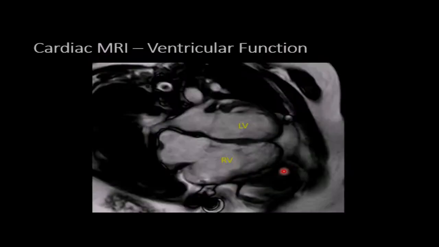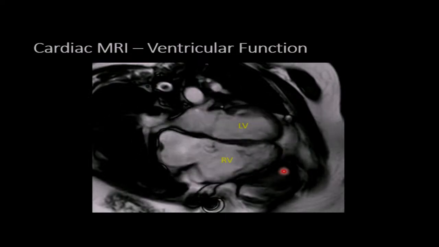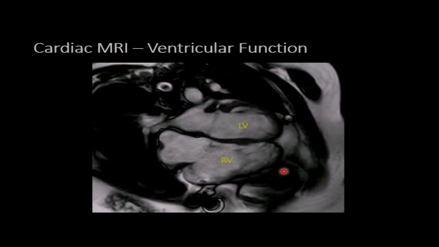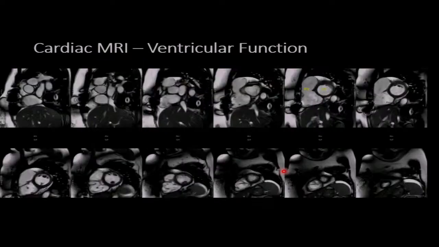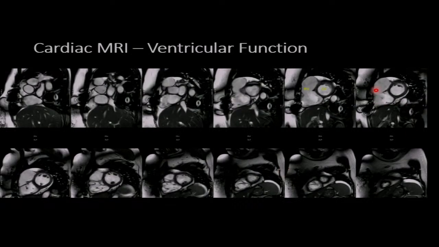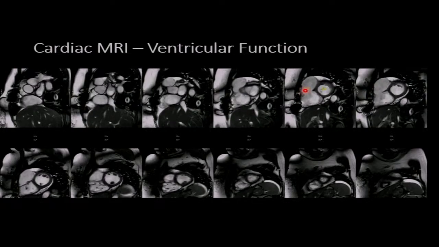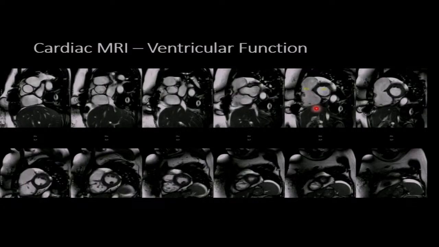All right. So in cardiac MRI, one of the strengths in tetralogy of Fallot is the RV size and function. It allows us to see in detail the outflow tract, very well defined here.